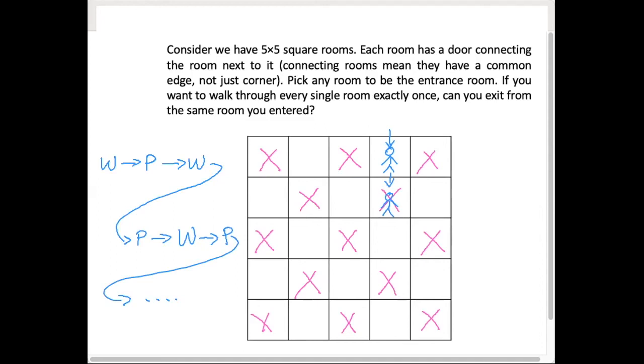Now let's go back and look at our goal again. Our goal is to visit every single room exactly once and return to the same room. In order to reach that goal, we need 25 steps because we have 25 rooms. So in order to go back to the start, we do need 25 steps.